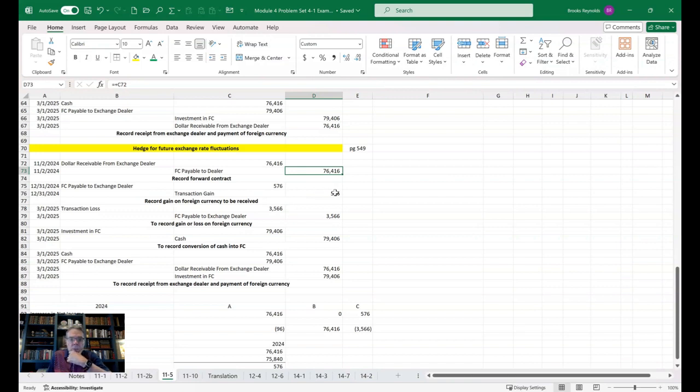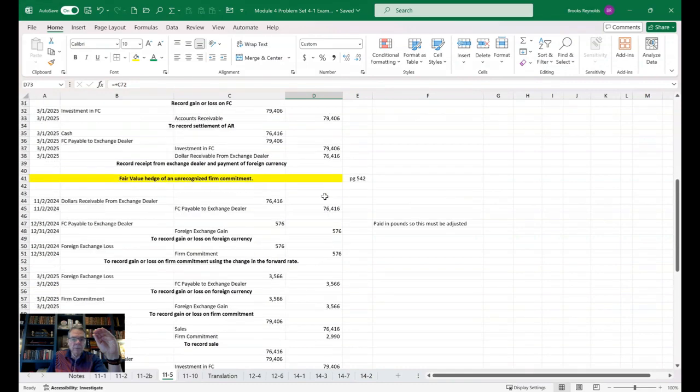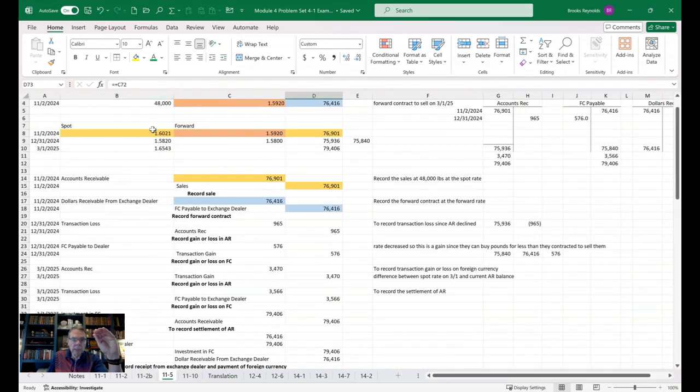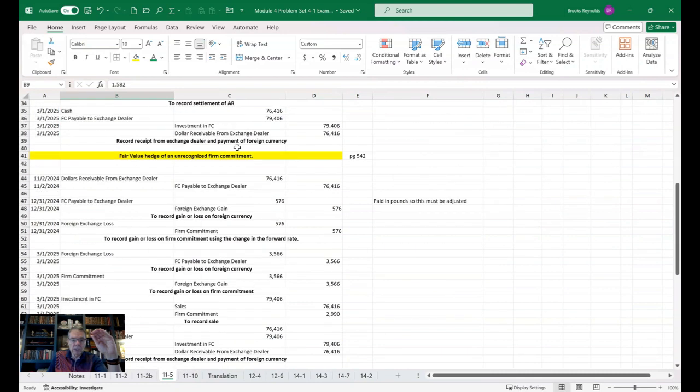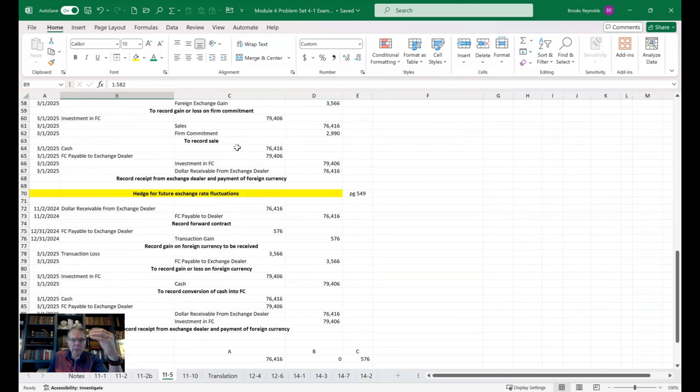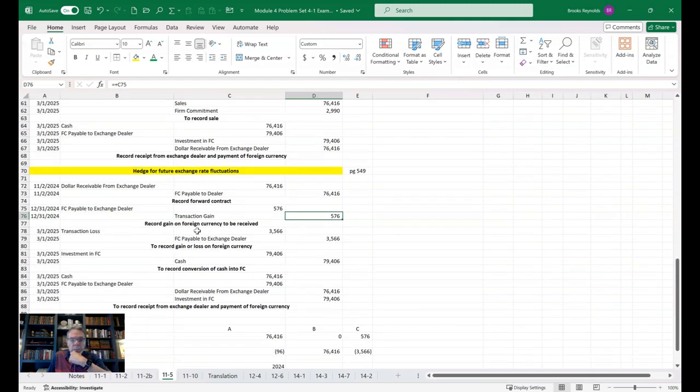So we are going to, because our exchange rate changed favorably, all right, went down to 1.5820, because we have to adjust that. So accounts payable decrease, that's a debit. So the credit goes to transaction gain. All right, and then when we do this, of course, we have the transaction loss. That's a 48,000 pounds.